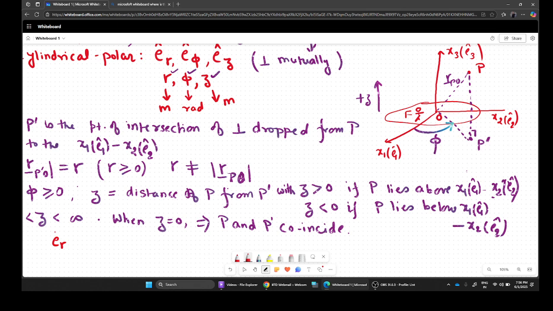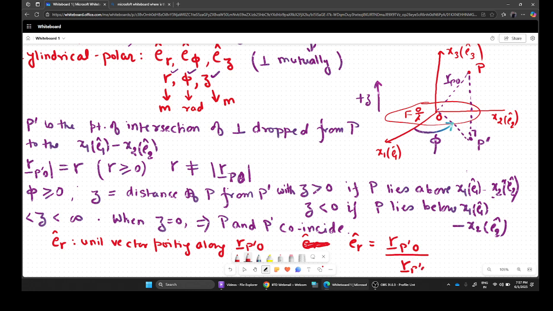The first unit vector is defined as the unit vector pointing along the vector r_P'O. In other words, e_R is nothing but r_P'O divided by the magnitude of r_P'O.